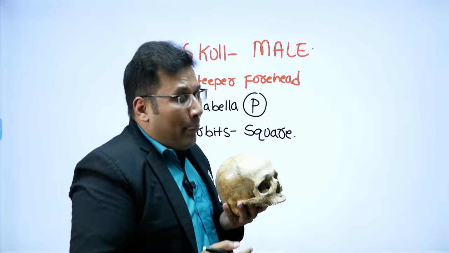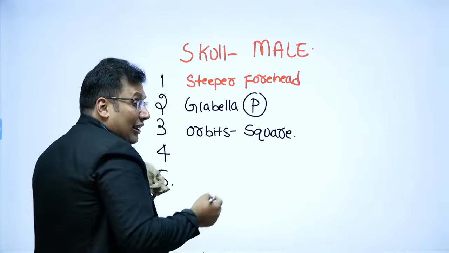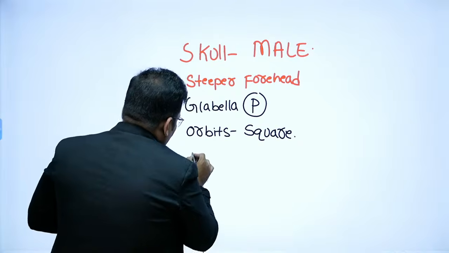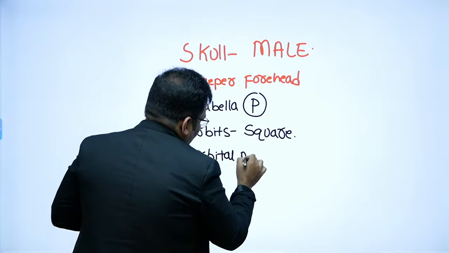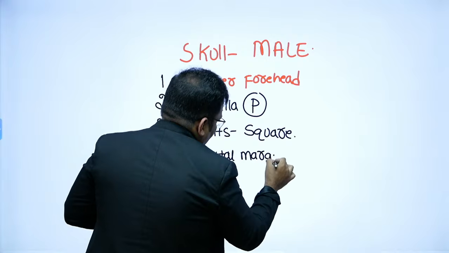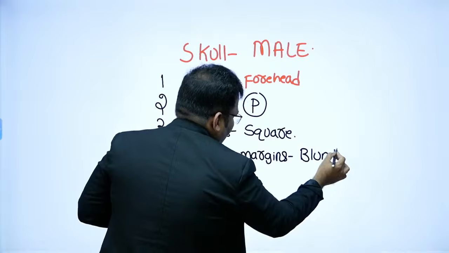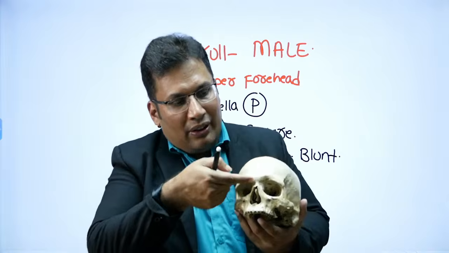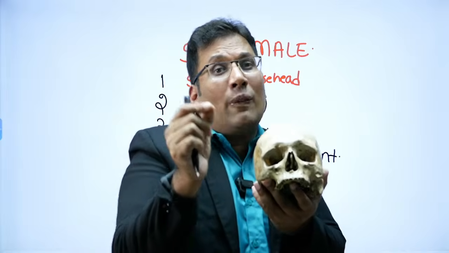One more important thing to remember: the supraorbital margin, or we can say the orbital margin, is blunt. If you see the orbital margins, they are blunt in the male skull.